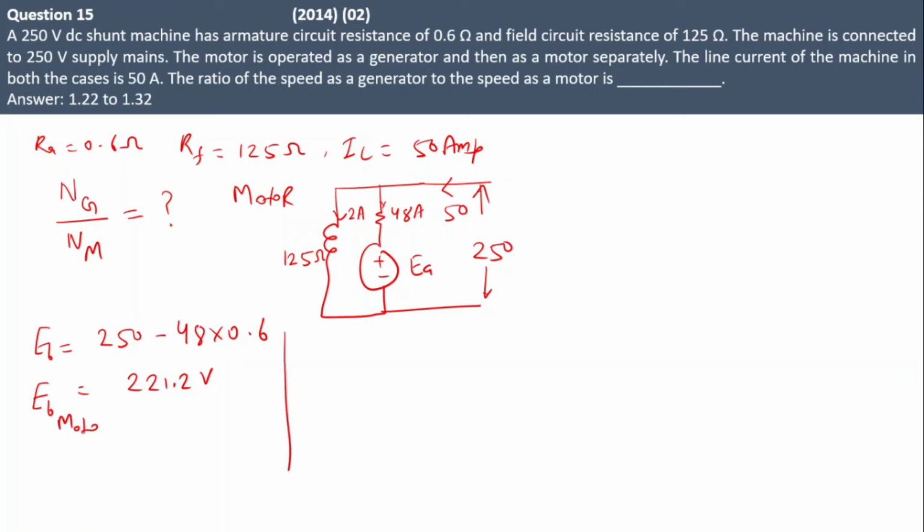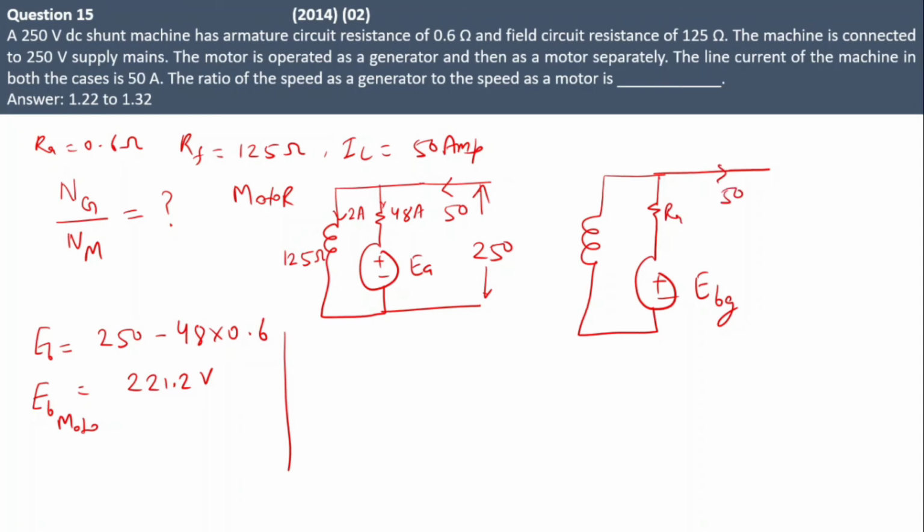So next, as generator, same machine, shunt field machine. So Ra, line current 50 amps, terminal voltage 250 volt. So how much current is going here? 2 amps. So the armature current is 52, because Ia equal to IL plus If.